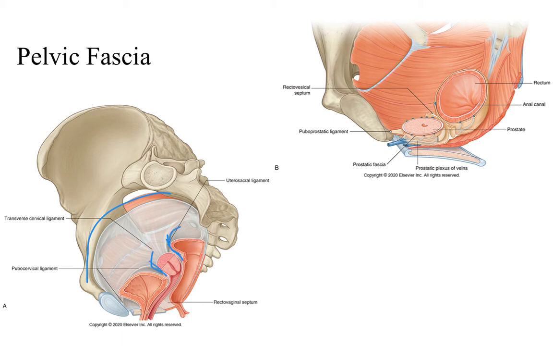So here we see a separation between the rectum and the uterus, and a separation between the uterus and the urinary bladder right here. And then of course if we look at the male over here, it's not showing all of the pelvic fascia up here, but what it is showing you is that septum, where the separation occurs between the rectum and the prostate.